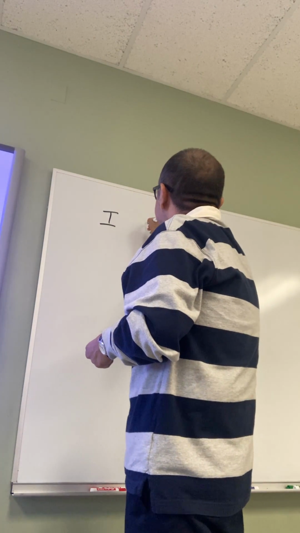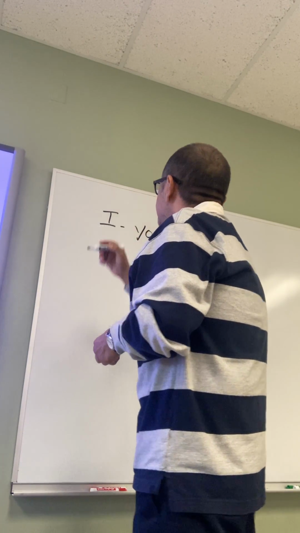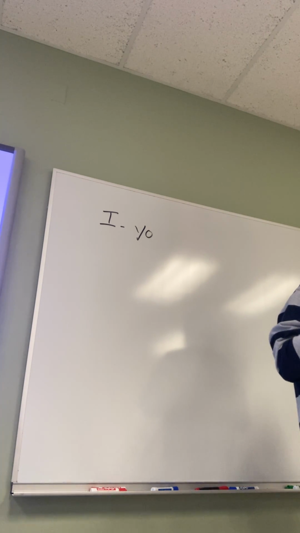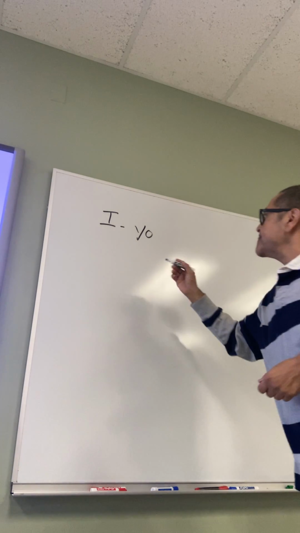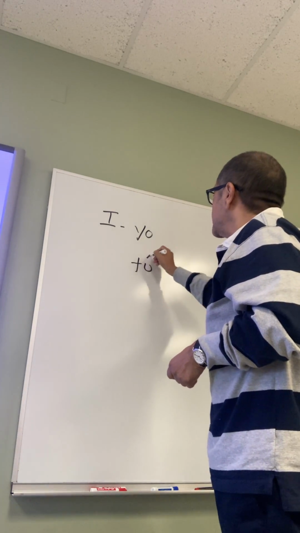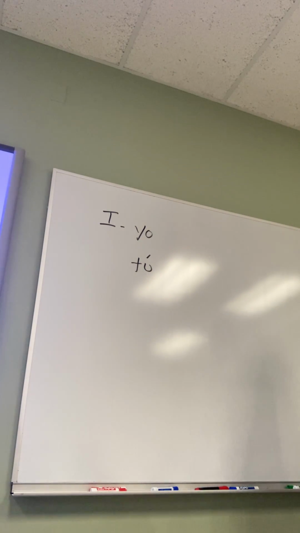So first off, we have I. You're talking about yourself. I. In Español, that's yo. If you're talking about yourself, yo. What does tú con acento mean? You in what context?